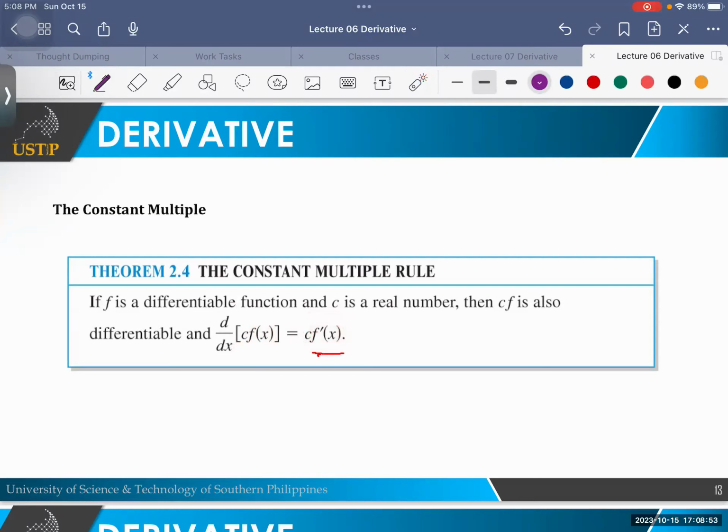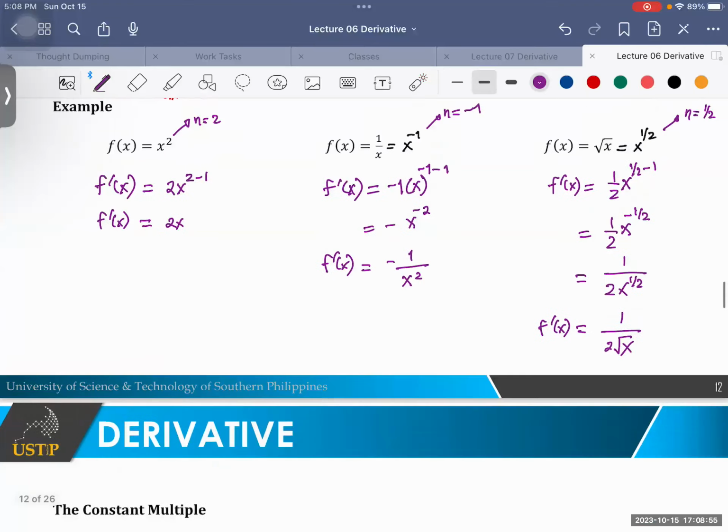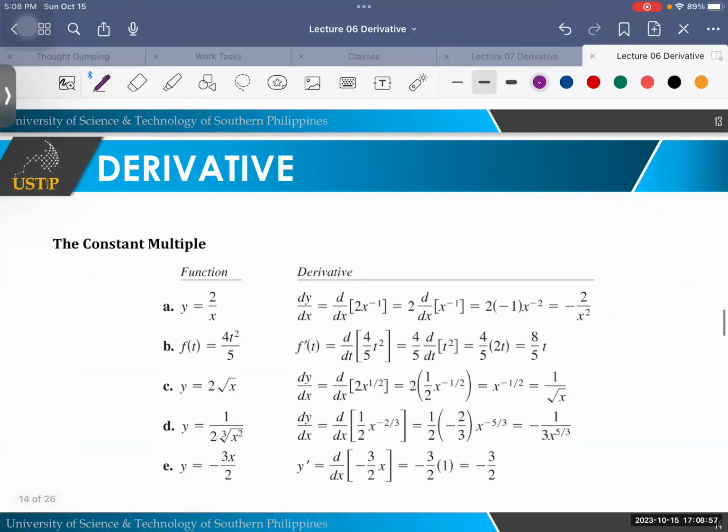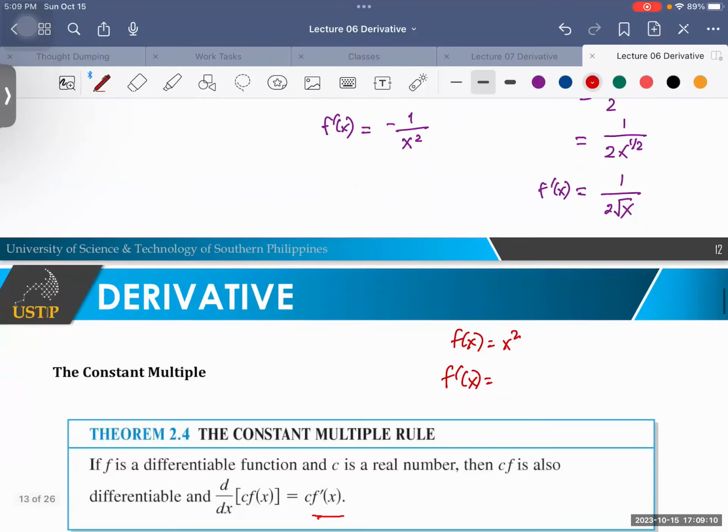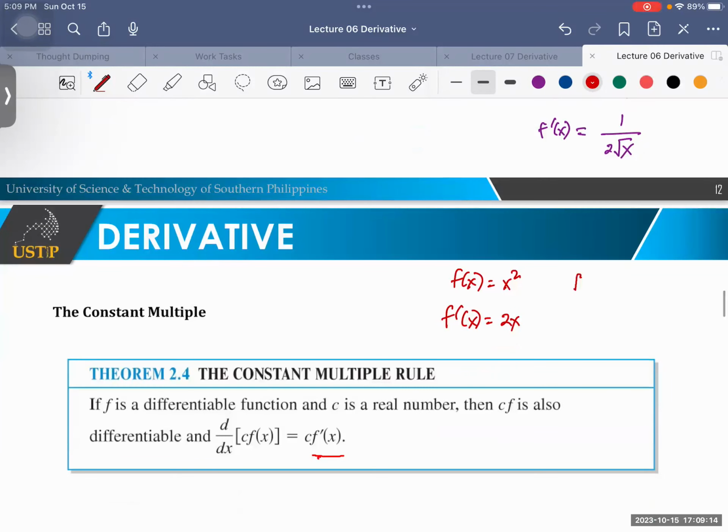So meaning, if you have x squared ganina, para same na to example ba? If you have f of x, ng x squared class, okay? Di ba natin f prime of x, itong nakuha using the power rule is just 2x. Diba? And then you have another function here nga, say, g of x, and that is equal to 3x squared.